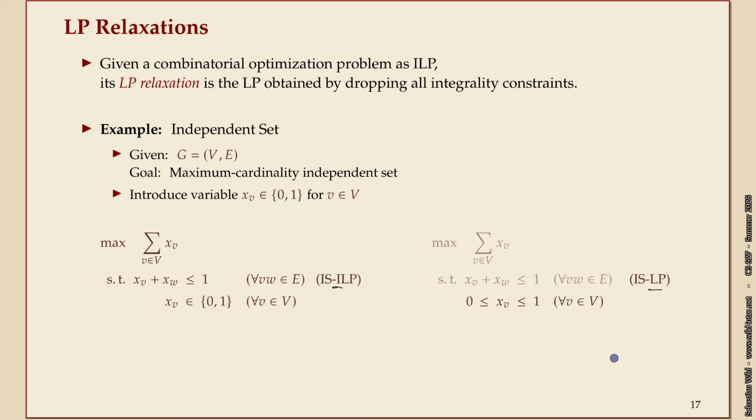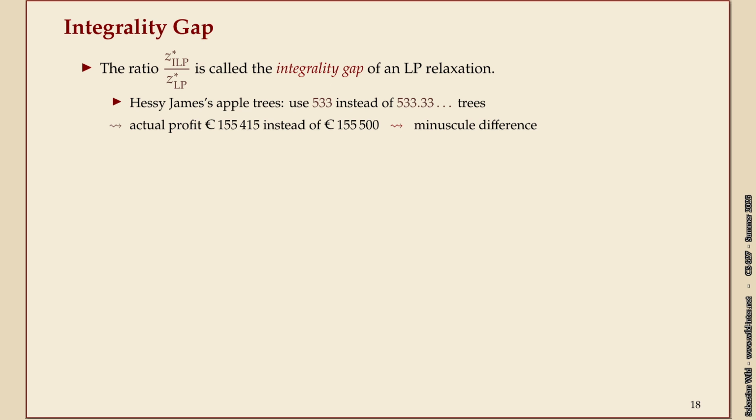But what happens in the linear program is we can still satisfy all those constraints by setting every vertex to 1/2. So we pick every vertex half into the independent set in this fractional version. We satisfy all the constraints, but the solution is completely meaningless.